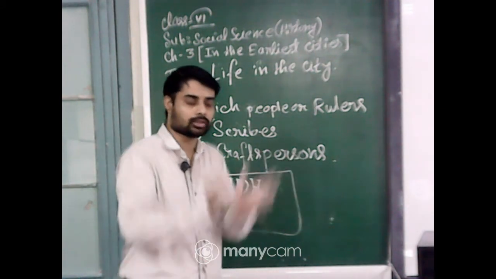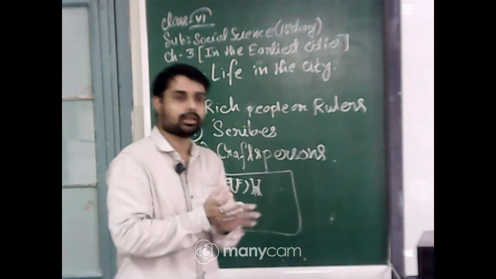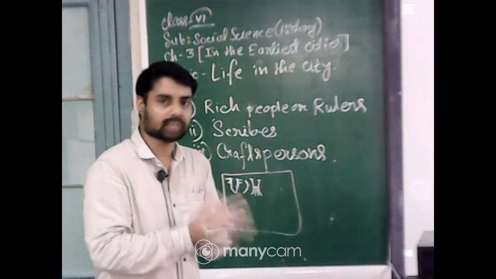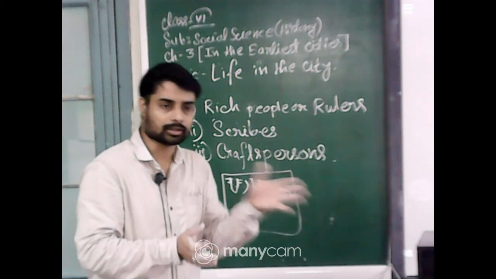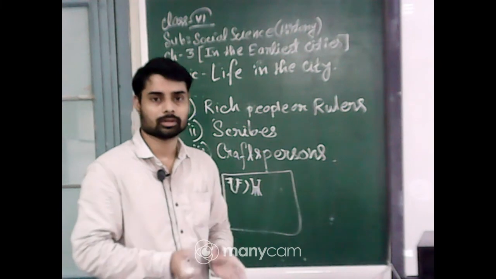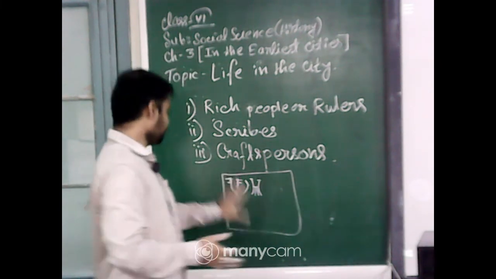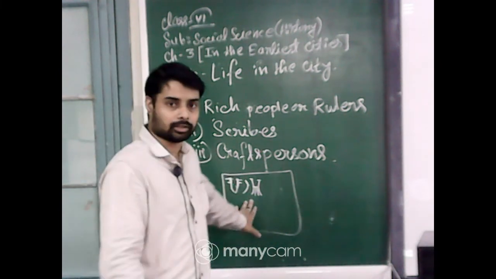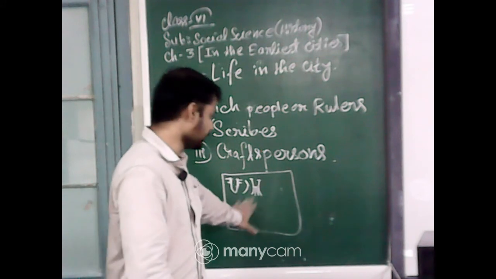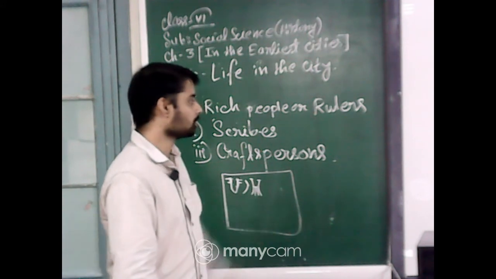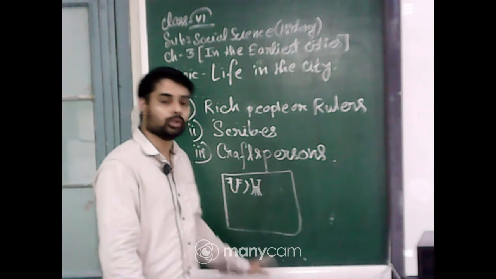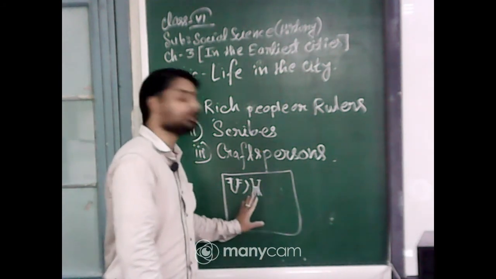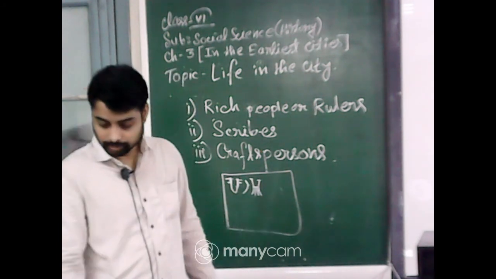The archaeologists found the artifacts and they are just guessing how these things were used. But if the scripts are deciphered, and we know what is written on them, then we will know the entire history of the Harappan civilization.